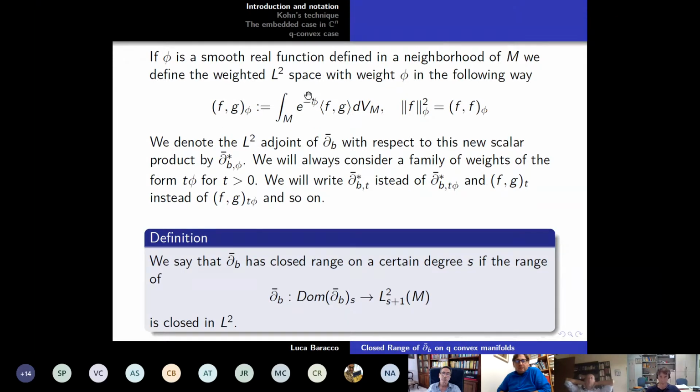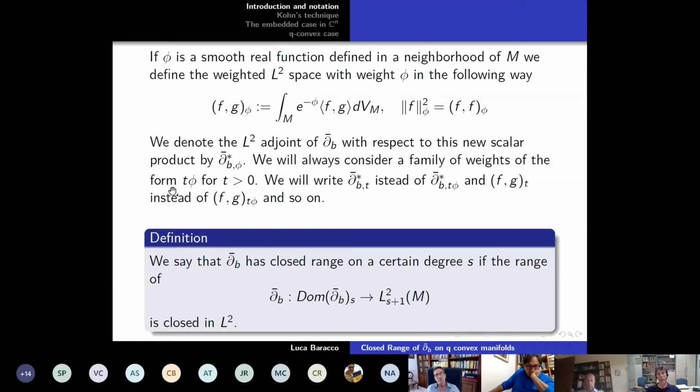The only difference is the addition of a factor here, the weight, e to the minus phi. So when the weight is present, I will put a small index to recall this, like here to indicate the norm. And also when I consider the L2 adjoint with respect to this product, I will add an index with the weight.